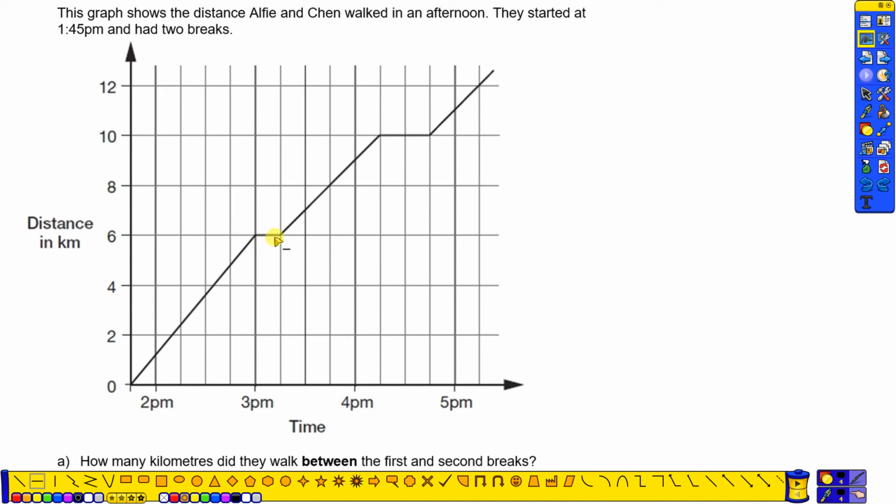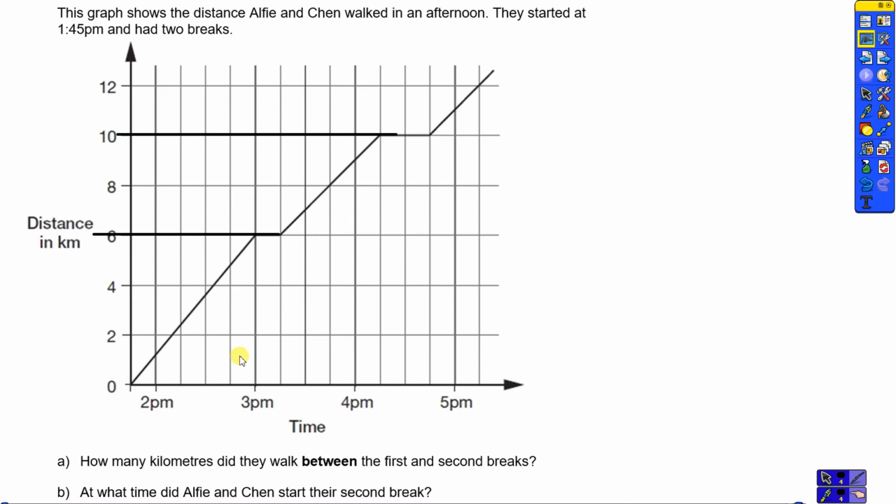Now this first horizontal line, this first break, is when they were at 6 kilometres. And the second horizontal line is when they were at 10. So we need the difference between 6 and 10, which is 4 kilometres.